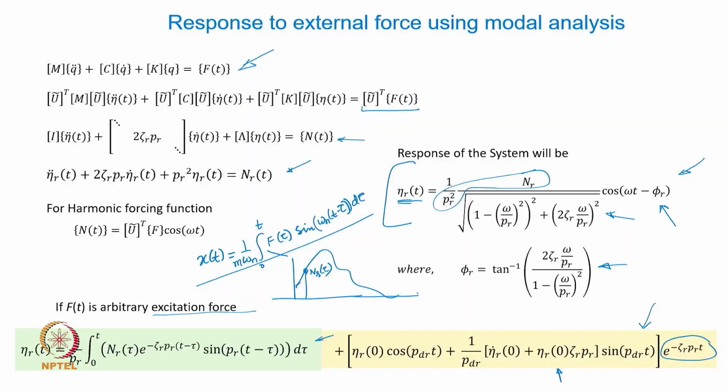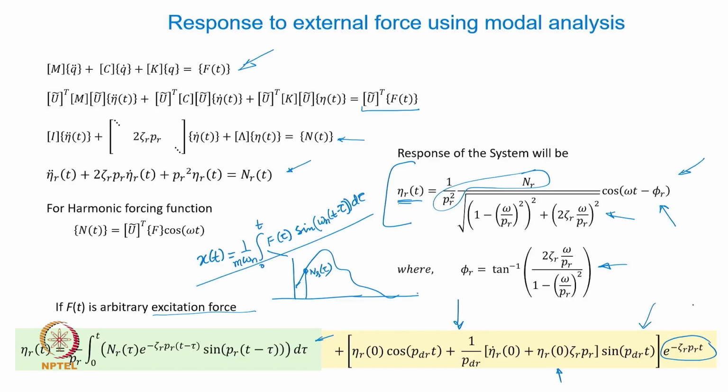Given the amount of damping that a vibratory system typically has, the transient part is going to soon die out, and you are left with only the response to the harmonic excitation or an arbitrary excitation that is impressed on the system.